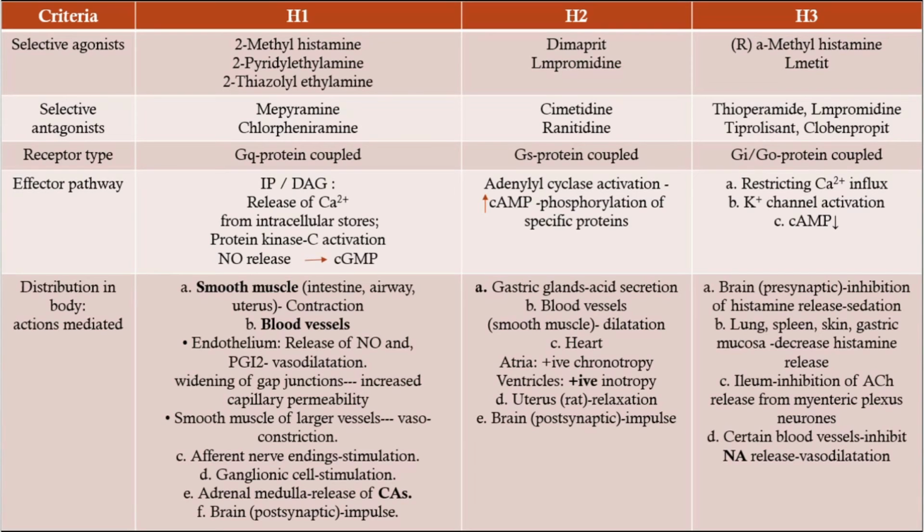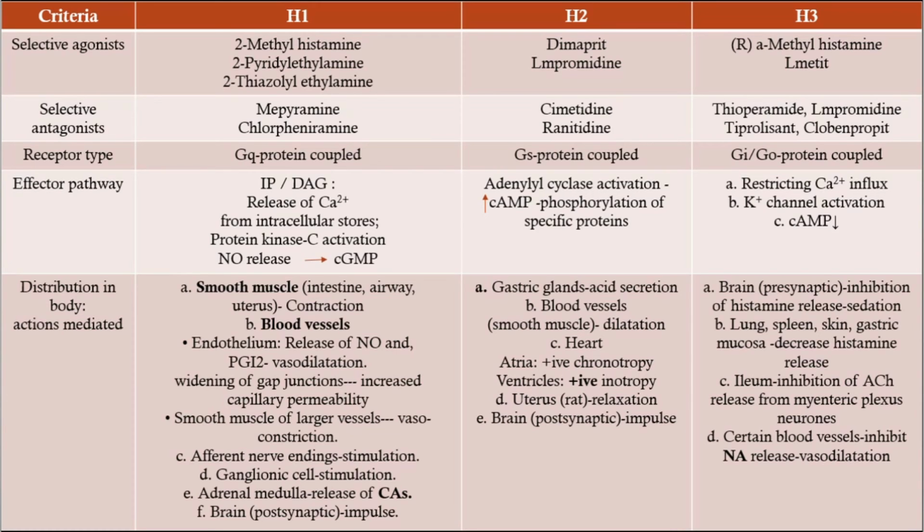Receptor type is once again G protein coupled receptor, Gs type of GPCR. Effector pathway is adenyl cyclase activation, and by that increased cyclic AMP and phosphorylation of specific proteins. Action is gastric acid secretion.